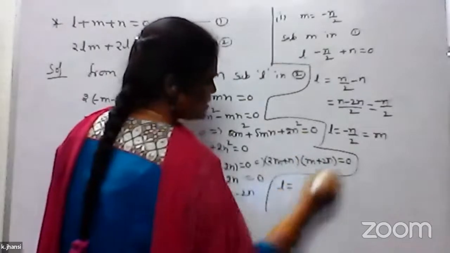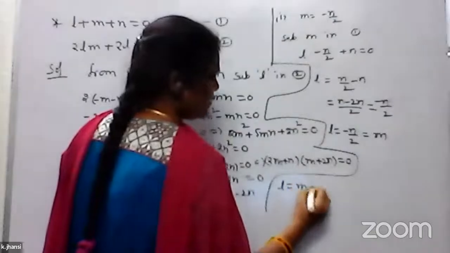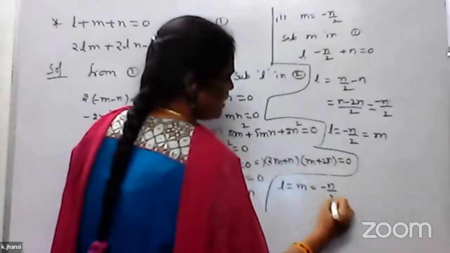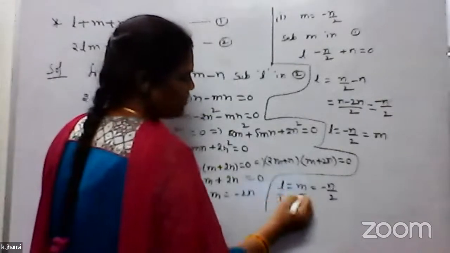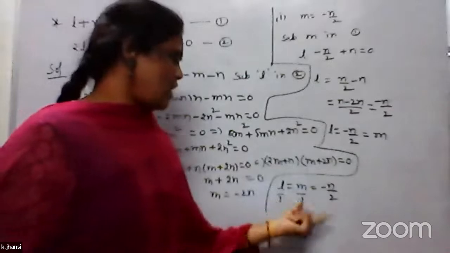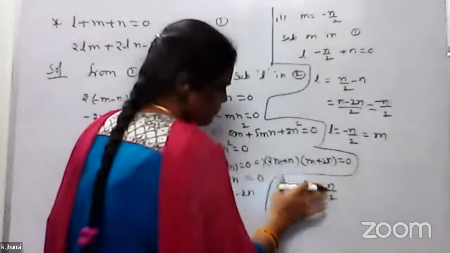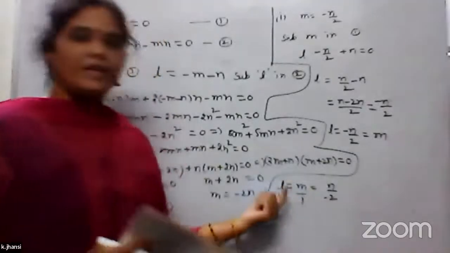This we can write as L, m, n. So to write in order, it is L equals to m equals to minus n by 2 here. In the denominator you have nothing, so you can take it as 1. So in the denominator you have 1, 1, and minus 2. These are the direction ratios.